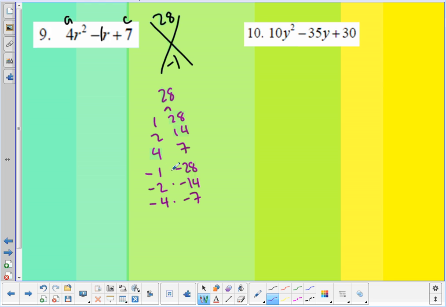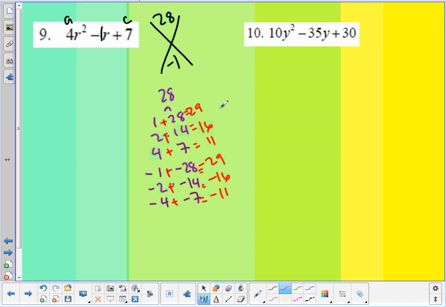All of those products will give me positive 28. Now let's go back and figure out their sums. This one's 29. This one is 16. This one is 11. This one is negative 29. This one is negative 16, and this one is negative 11.